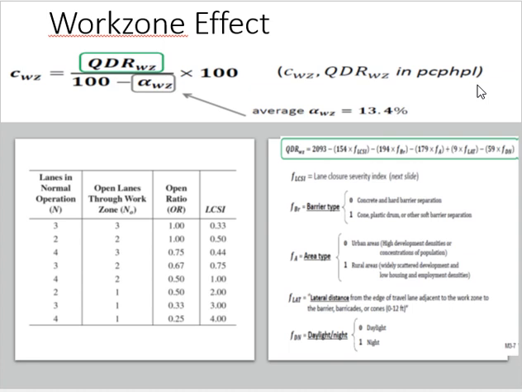Okay, so this is 0. You will put it 0. Exactly 0. Okay. Day and night? Day. Okay, factor is 0. Okay, so this factor is 0.44, barrier 0, area 1, this one 0, this one 0. How much is my QDR?